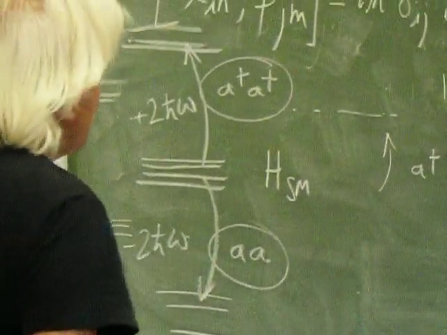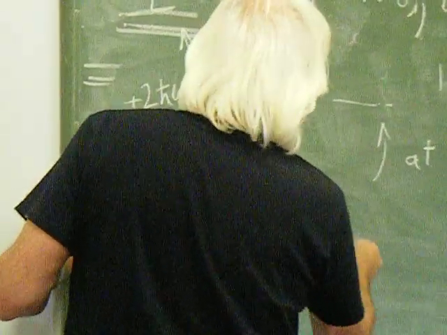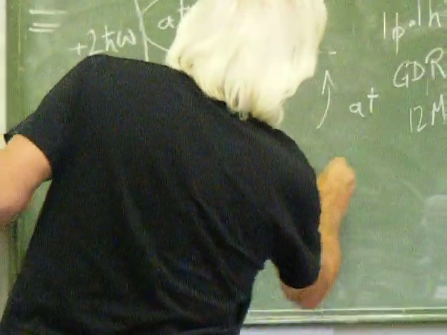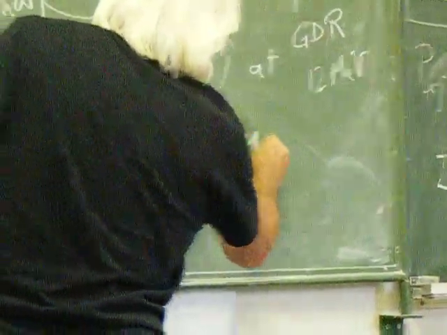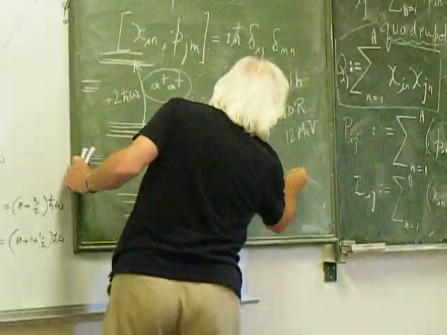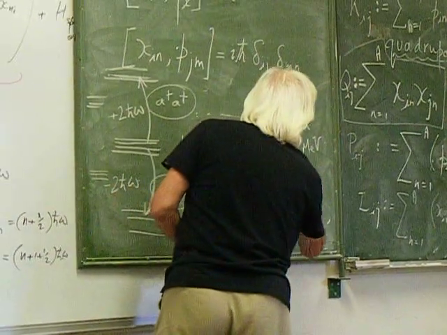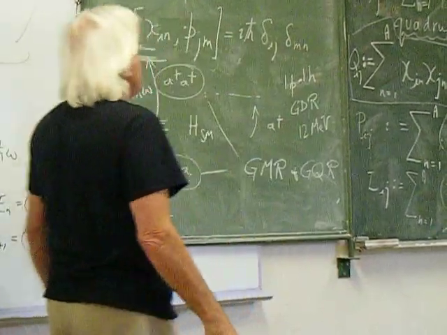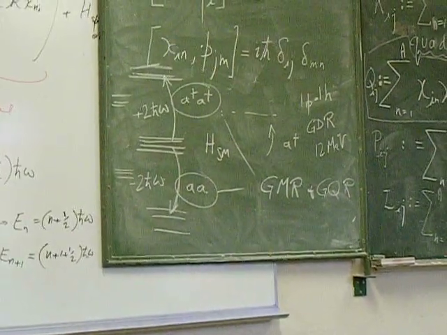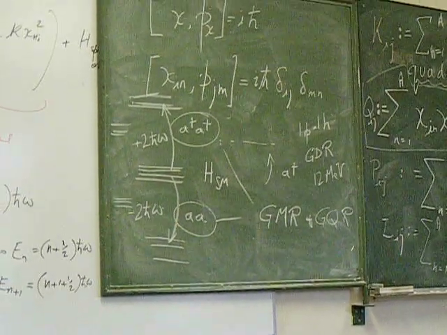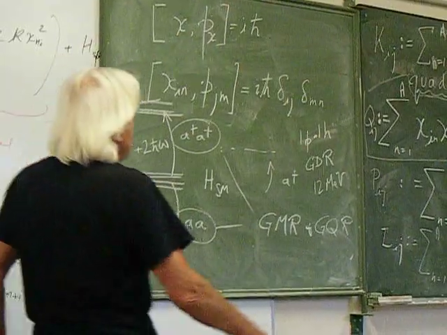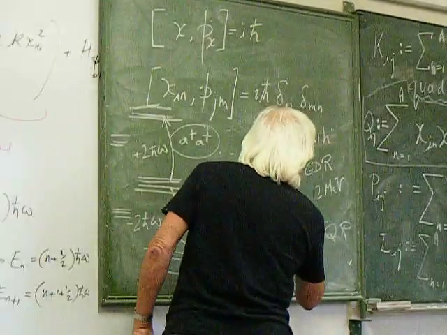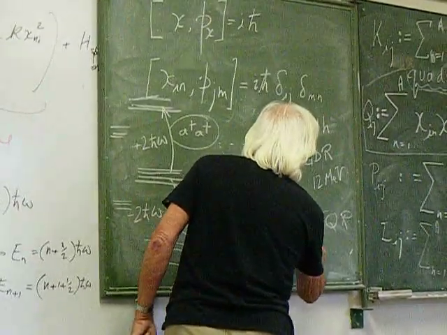And it turns out these are the giant monopole and the giant quadrupole. Giant monopole resonance and giant quadrupole resonance. They both occur at roughly the same energy in an average heavy nucleus at about 17 MeV.